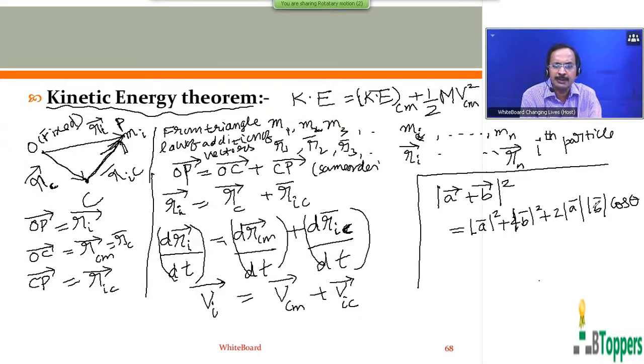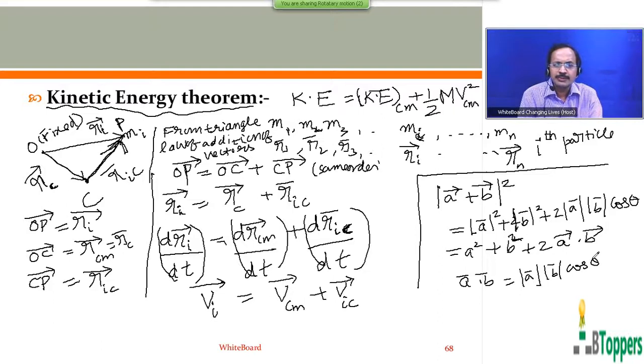This result, which we discussed earlier, can also be written in this manner: A square plus B square plus 2 A bar dot B bar. Of course, from the definition of the dot product of two vectors, A bar dot B bar can be written as mod of A bar into mod of B bar into cos theta. Let us continue this calculation on the next slide.